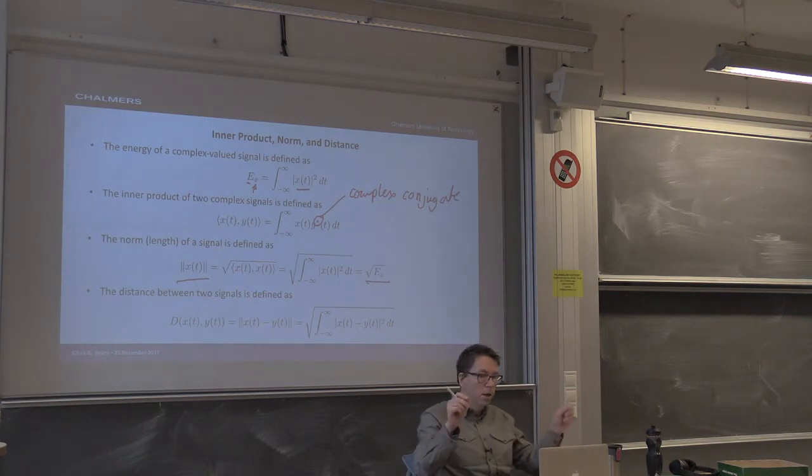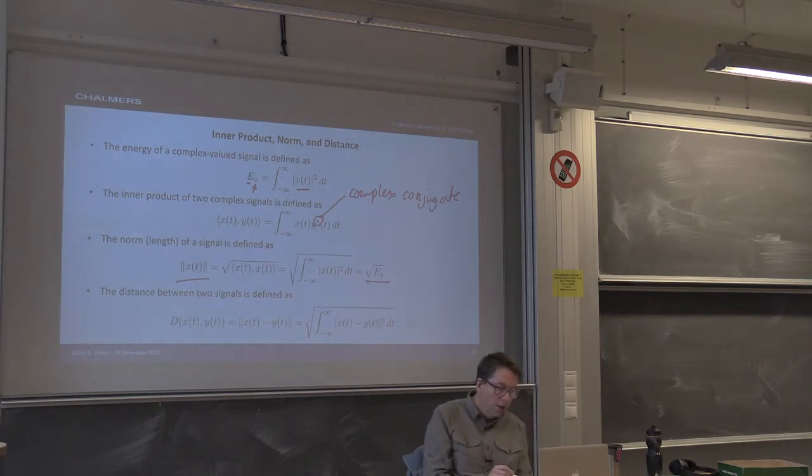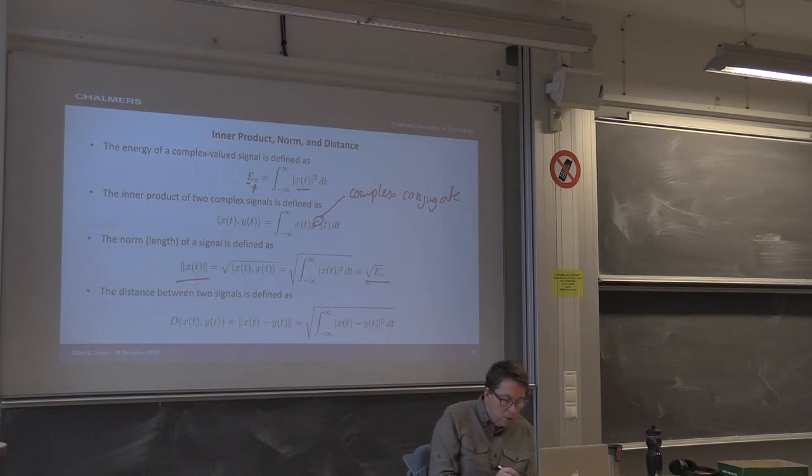Now, we did all this work in order to produce a distance metric between two signals. So the distance between two signals, d for distance, and then x and y, is the length of the difference between them.